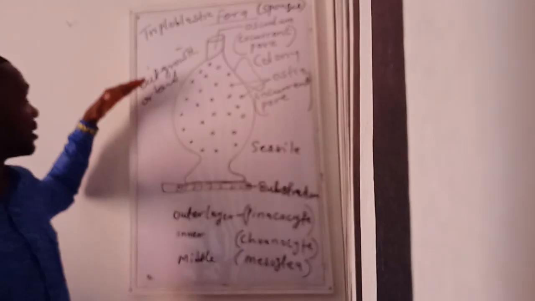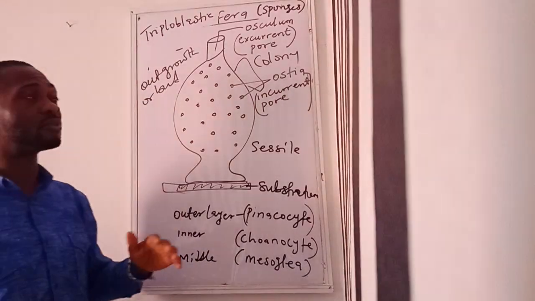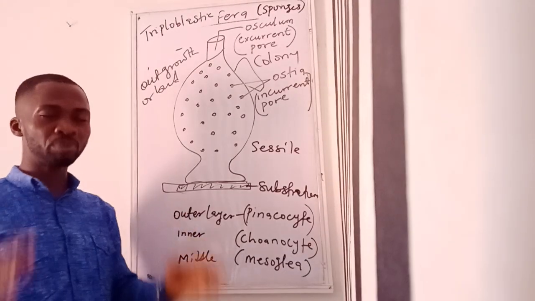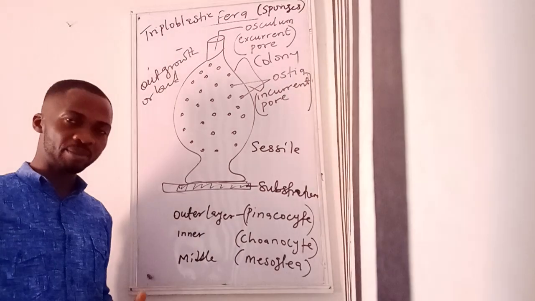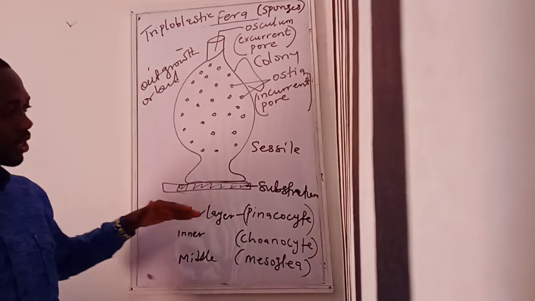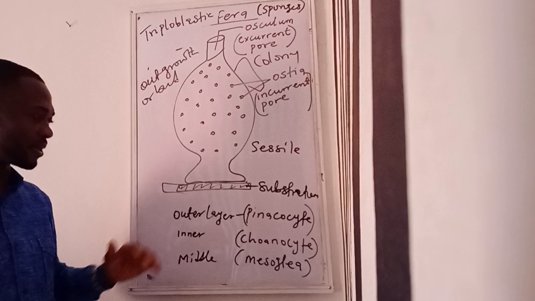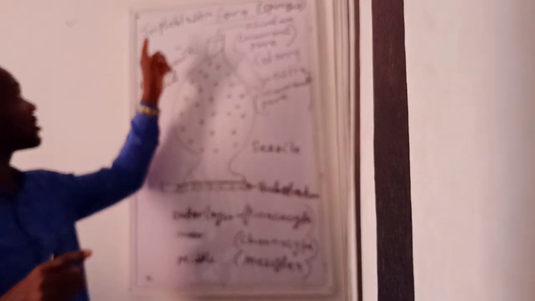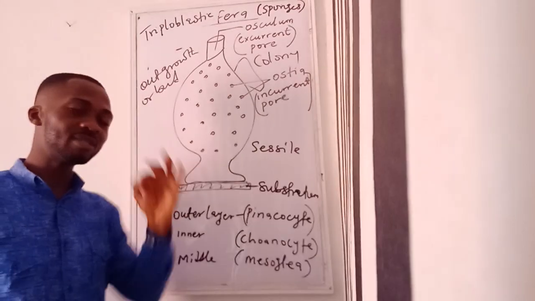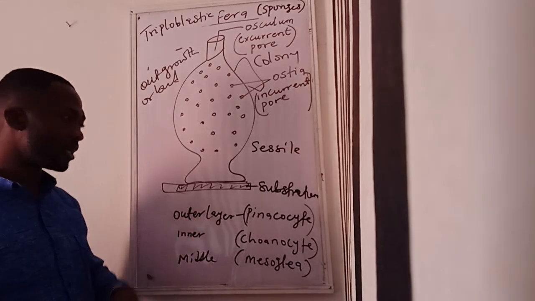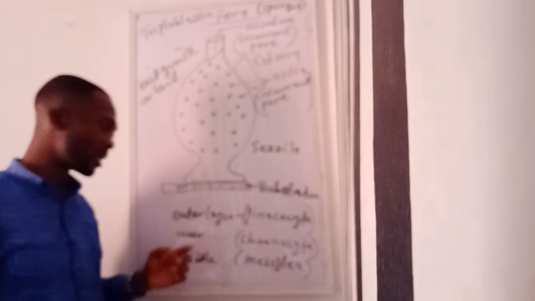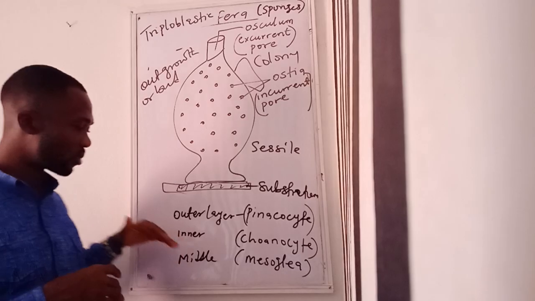So the organism does not have the normal body layers we have in other advanced organisms like platyhelminthes. The body wall has three different kinds of cells. They are not specifically said to be triploblastic, even though these three layers of cells are found within their body wall. We have the outer layer, called the pinacocyte, the inner layer, called the choanocyte, and the middle layer, called the mesohyl.